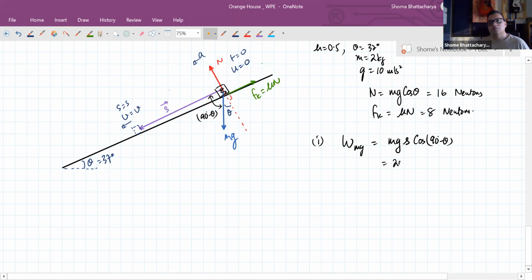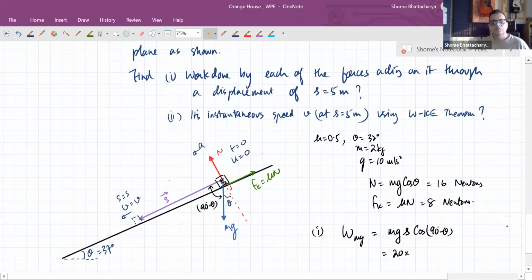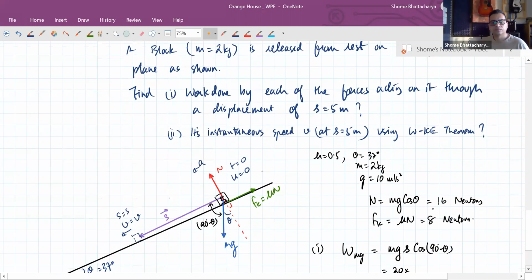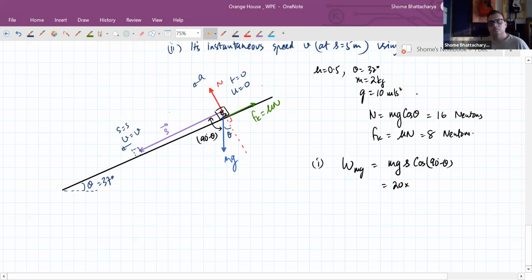So it will become 20 multiplied by, we wanted a displacement of magnitude 5 meters, so 60 joules. The work done by mg is positive 60 joules.